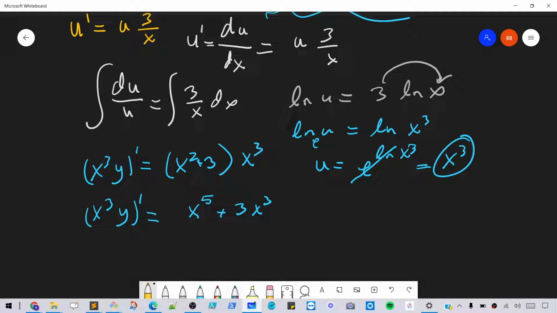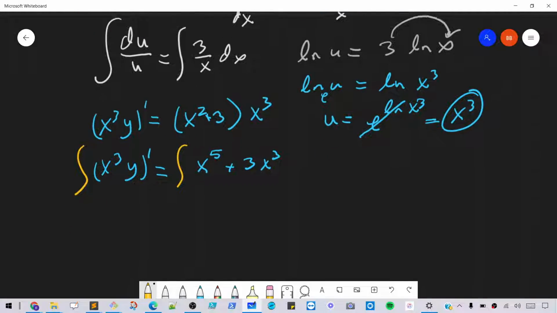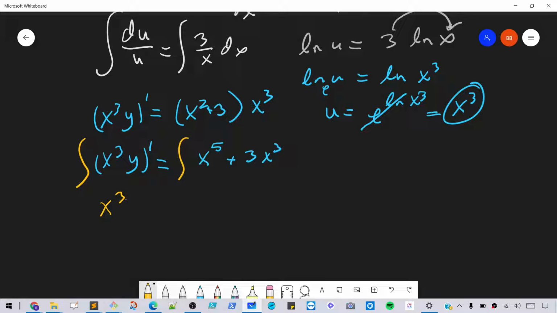And now we can just integrate on both sides. Integrating this derivative is just going to remove the derivative. So we're going to have x cubed times y equals, and we'll just integrate using the power rule on the right side, x to the sixth over 6 plus 3/4 x to the fourth plus c.